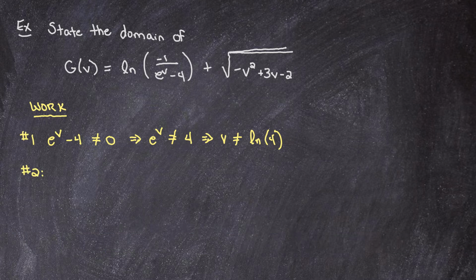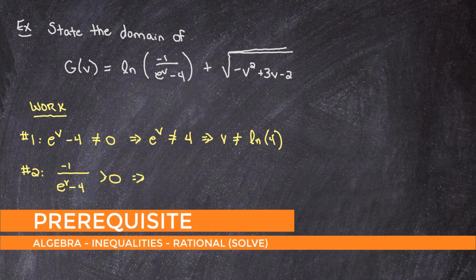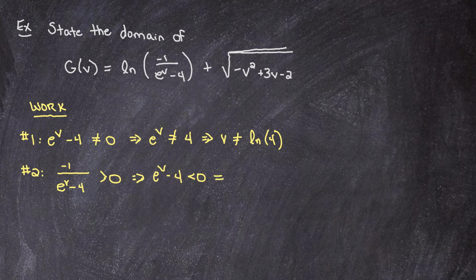Then I grow out of that, and I mention the fact that the argument of a natural log must be positive. So in other words, -1 over that e to the v minus 4 must be positive, which therefore implies that e to the v minus 4 must be negative, right? Because a negative over a negative is going to be positive. And that gives us our second constraint, that v itself must be less than the natural log of 4.